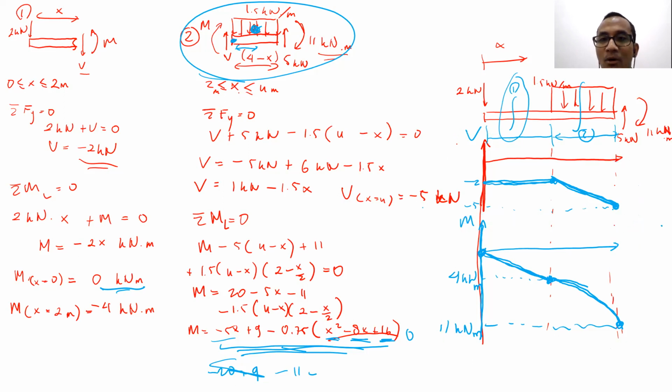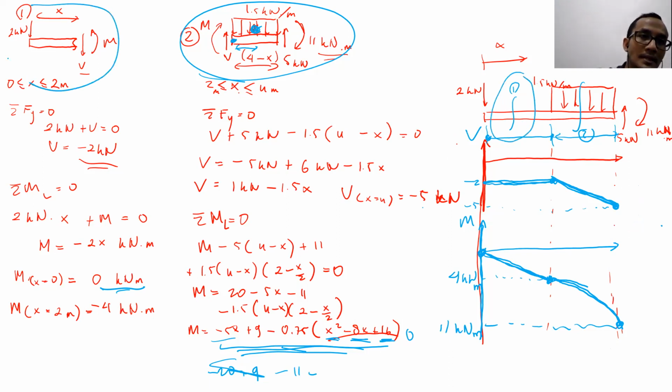So from x equal to 0 until x equal to 2 meters, it can be represented by the first cut, by this particular free body diagram, because we assume it's x there. And from x equal to 2 meters until 4 meters, it can be represented by the second cut.